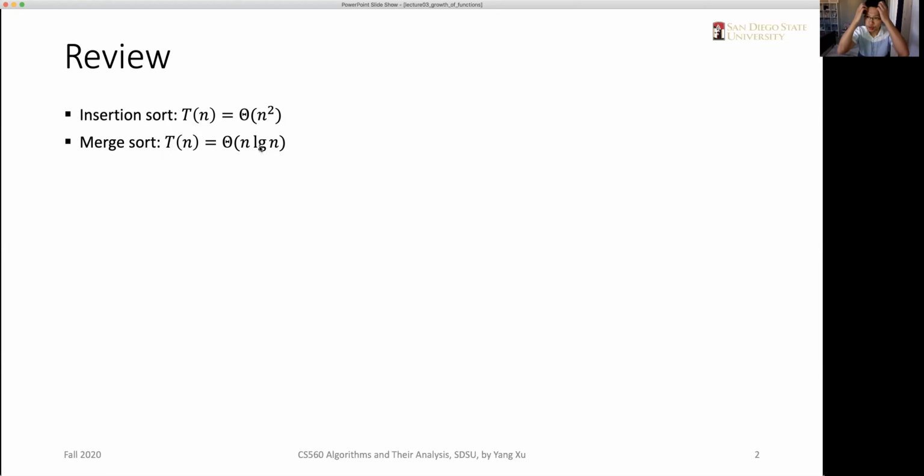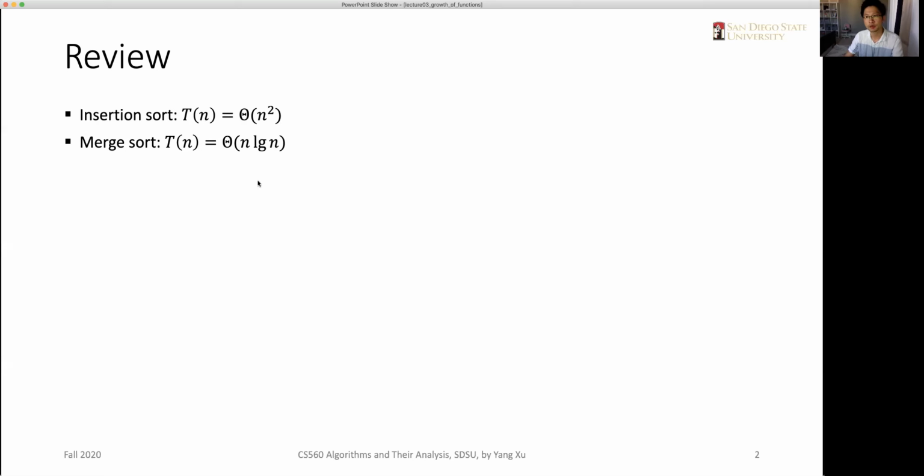Okay, so in the previous video lectures, we have described how we obtained these solutions. Here in this lecture, we're going to go through a couple of formal definitions that specify the rules, the mathematical expressions that will be used to describe the growing speed of different types of functions.